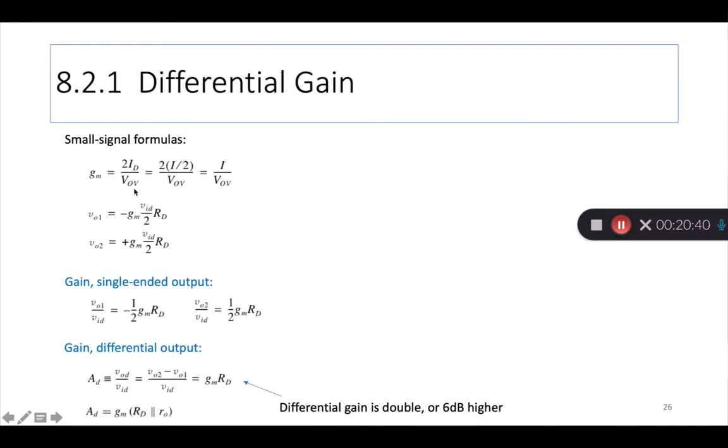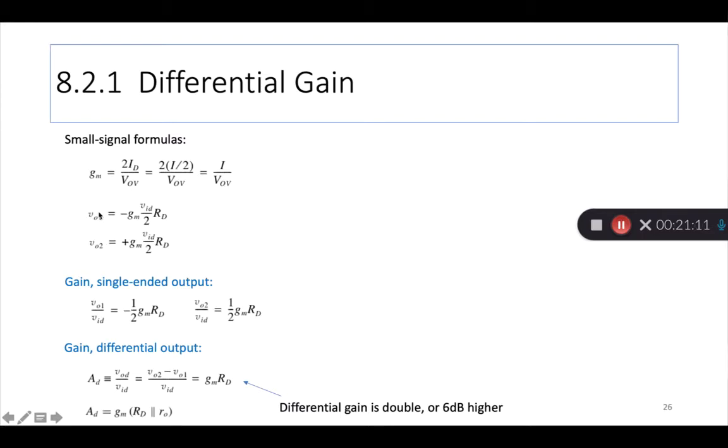2ID by VOV, 2 into I by 2 by VOV. He's shown this separately. So you can say that's I by VOV. Now the current ID is half of I, right, in each transistor. So if you want to write GM in terms of the current source value I, then it's I by VOV. Normally if it is just a single transistor, we use this formula, 2ID by VOV.